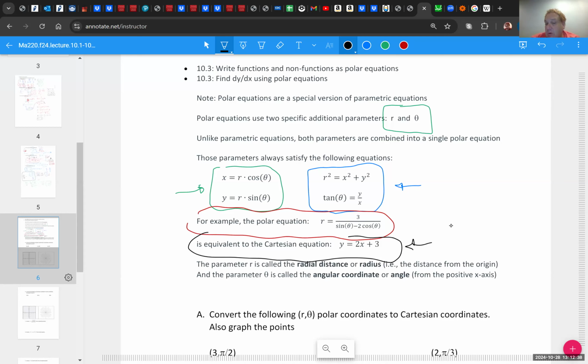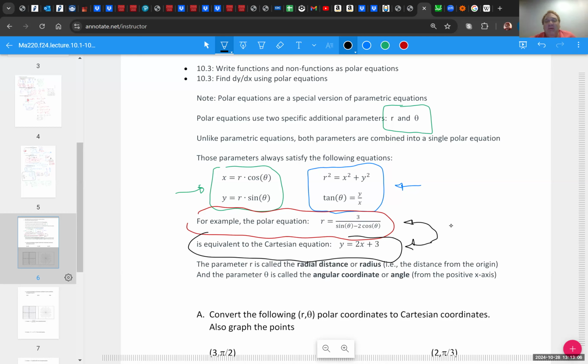This is actually a line, y equals 2x plus 3, and we rewrote it using these polar parameterizations of r and theta. It looks much more complicated, of course. r is equal to 3 divided by sine theta minus 2 cosine theta is the equivalent polar equation to y equals 2x plus 3. We can show you why that's going to be. I just don't want to get ahead of myself too much. So you have to take my word for it for the moment.